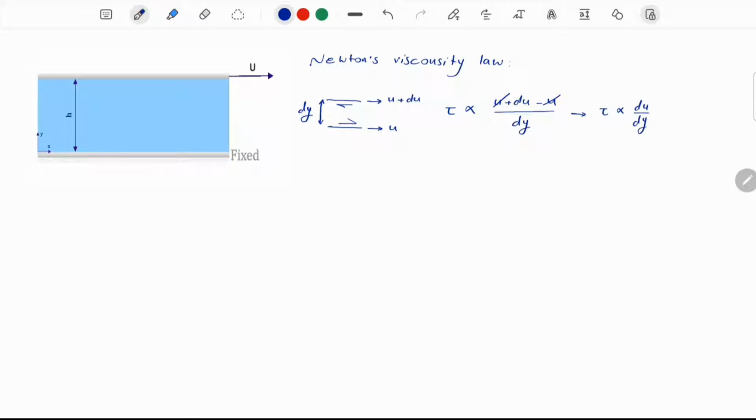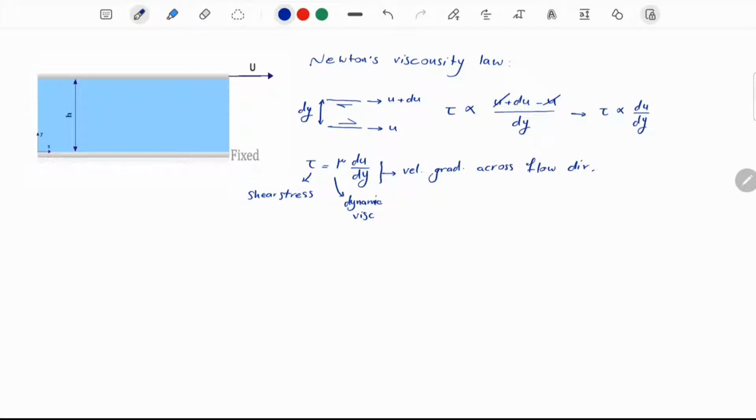In mathematical form and in its exact form, we write it like this: tau equals mu du over dy. Here tau is our shear stress, mu is dynamic viscosity, and this is velocity gradient across flow direction.